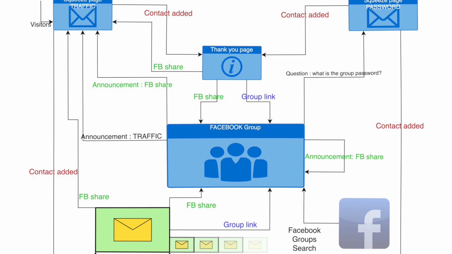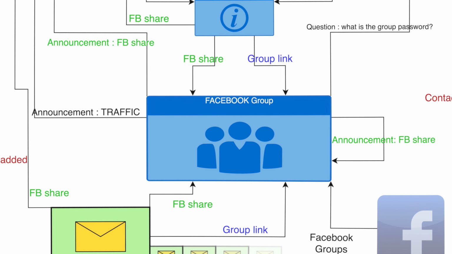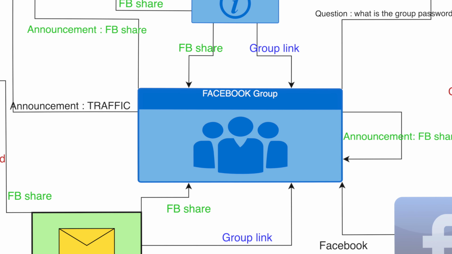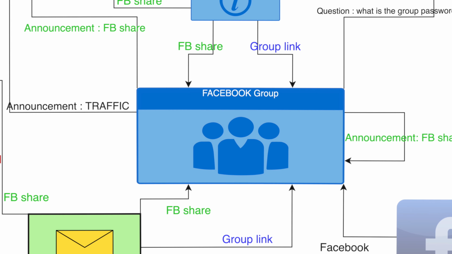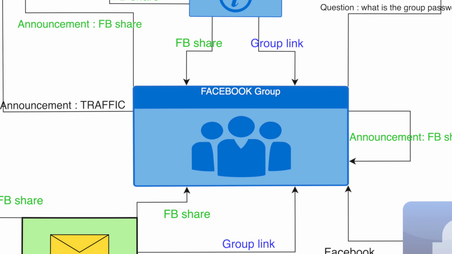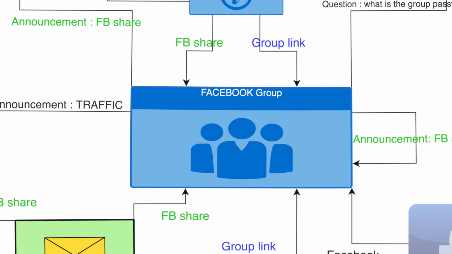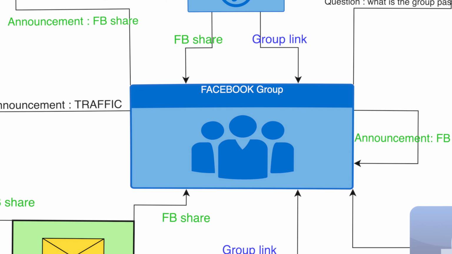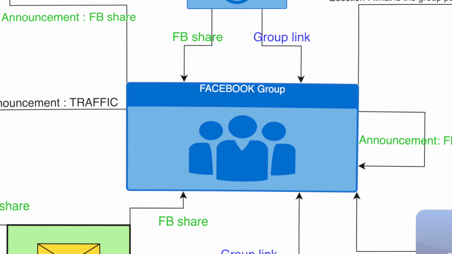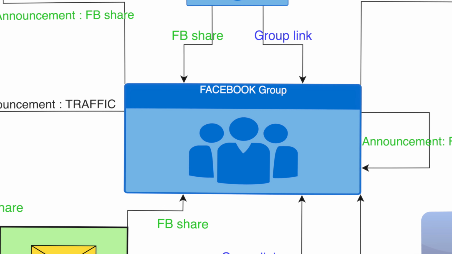So we can see for this element, Facebook group, the incoming ones are 1, 2, 3, 4, 5, 6. The first one is just a Facebook share of the group sent by the thank you page element. The second one is a group link sent by the thank you page also. The third one on the right is an announcement, but it's outgoing and incoming.